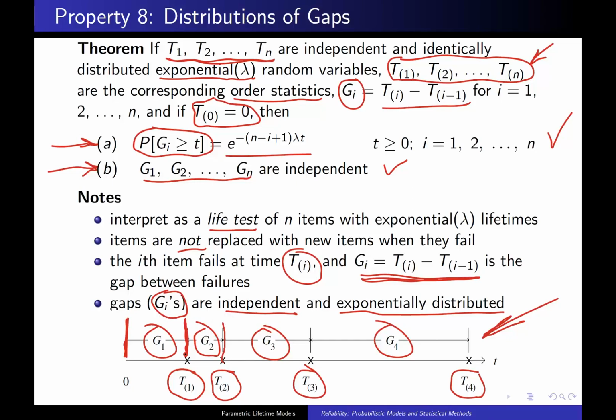And the same is true when the second failure occurs and when the third failure occurs. Notice that G1 is the minimum of 4 exponential random variables, but G2 is the minimum of 3 exponential random variables, etc.